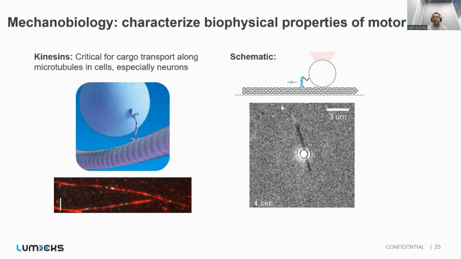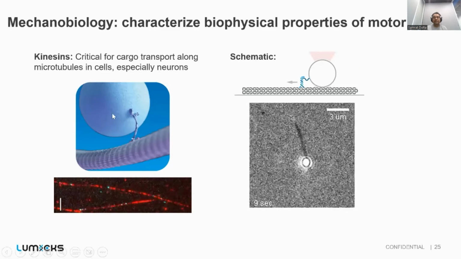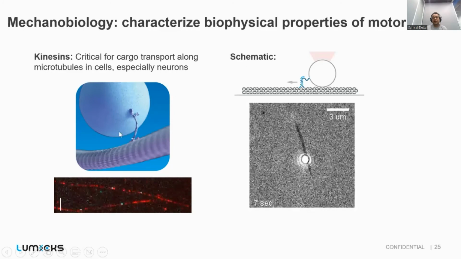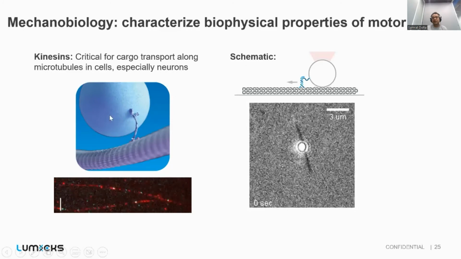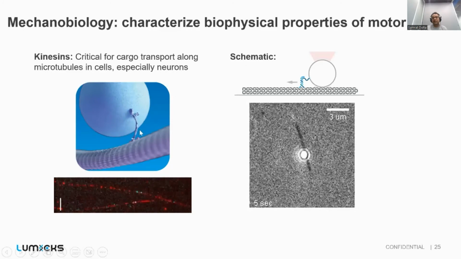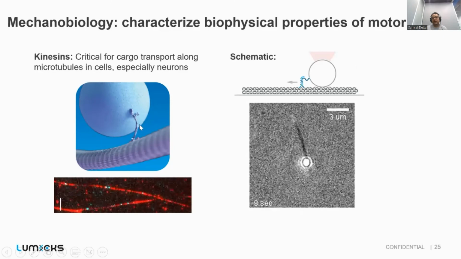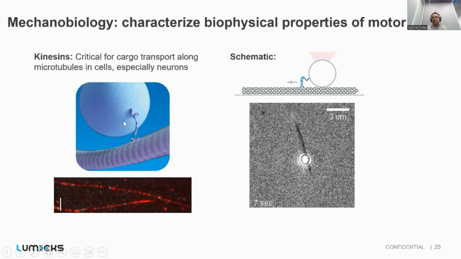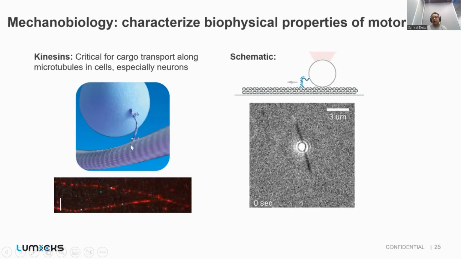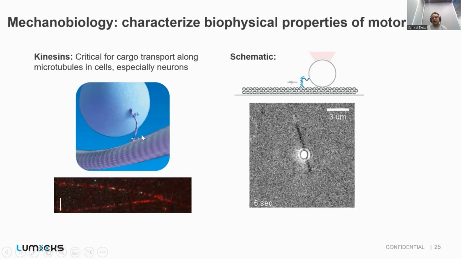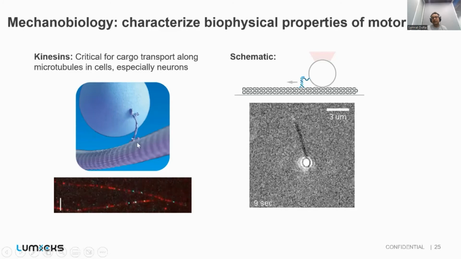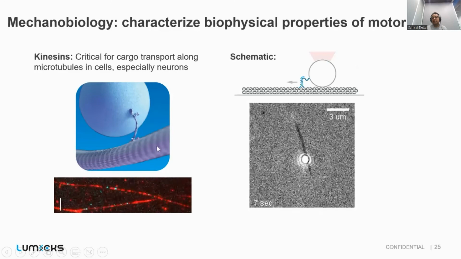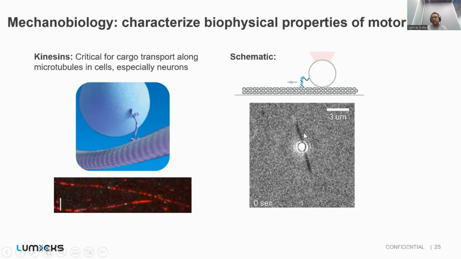To do this type of experiment, one can functionalize a kinesin molecule, and the cartoon representation of the kinesin is shown on the left here. It is bound to a bead, and once this bead is trapped by the optical trap, it is brought close to the microtubule. Once the bead is close to the microtubule, the kinesin molecule starts to interact with the microtubule, which can be seen in this video here.